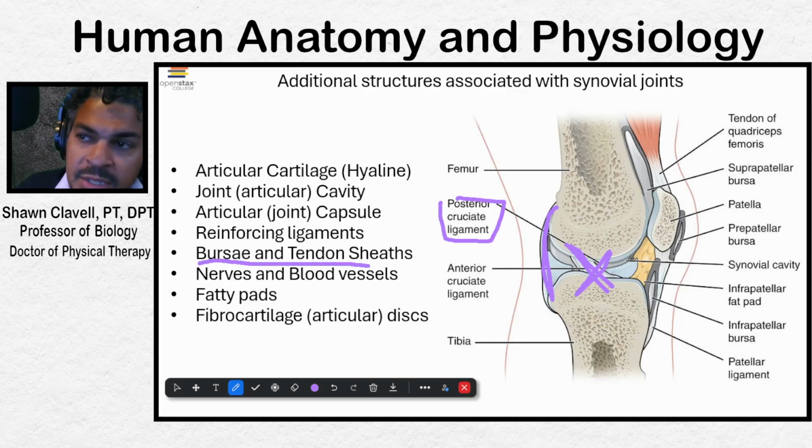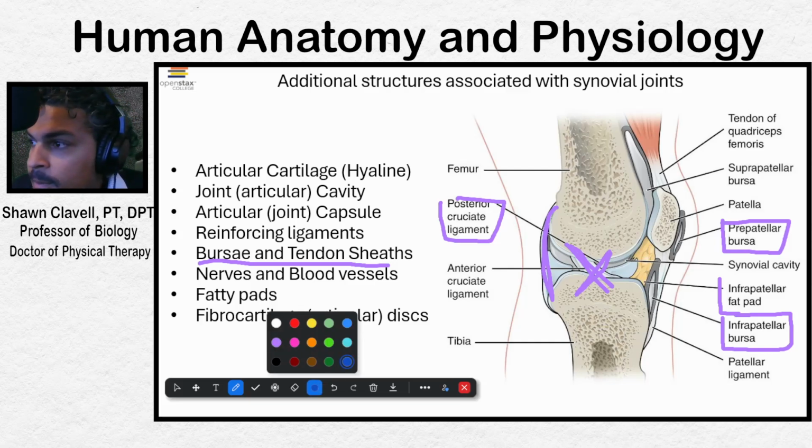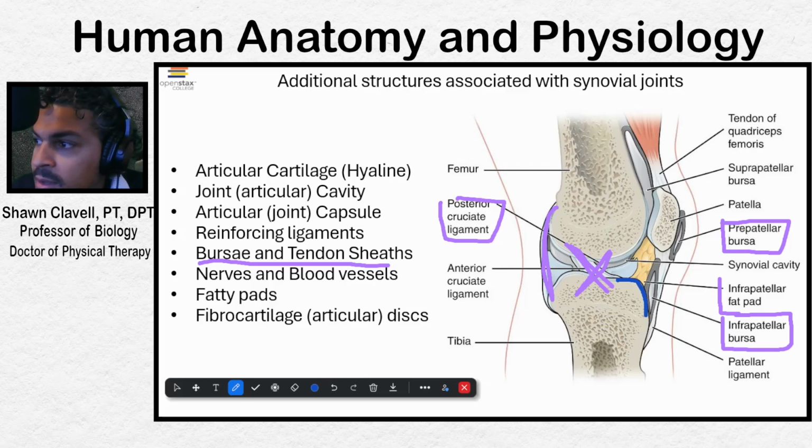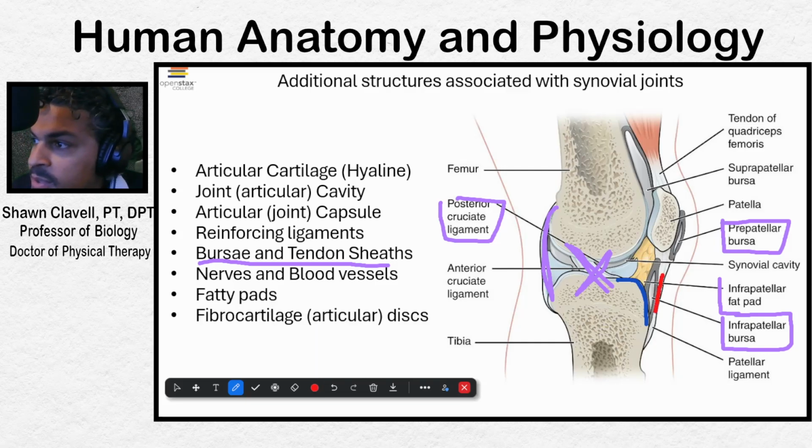Bursa and tendon sheaths are structures that are associated with areas where we might see friction. In the case of the knee, as you can see here, there's a prepatellar bursa. So there's a bursa in front of the kneecap. There's one behind the, oh, that's the fat pad. The infrapatellar bursa is a structure that's associated with the patellar tendon. You can see there's some bone of the tibia associated with the tendon of the patella.